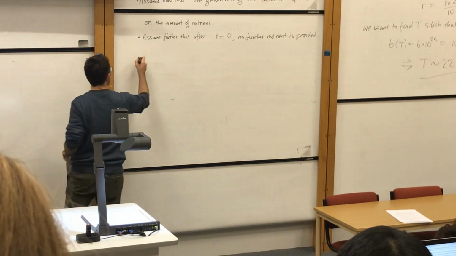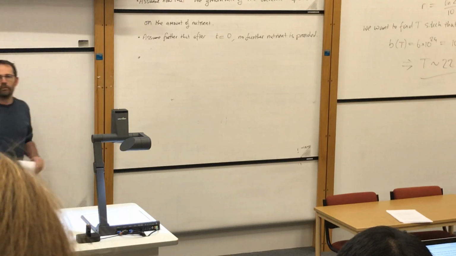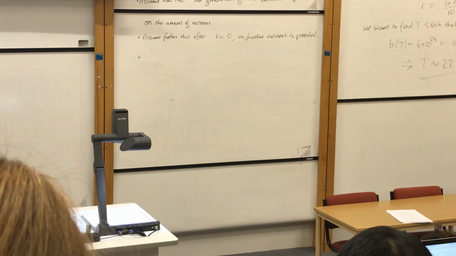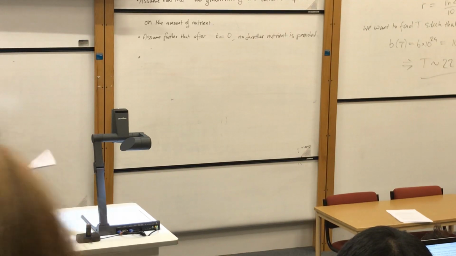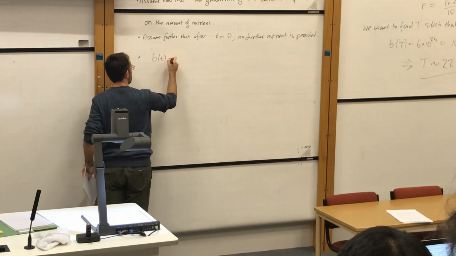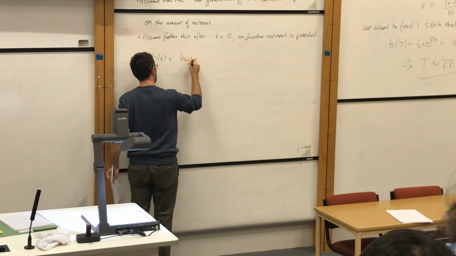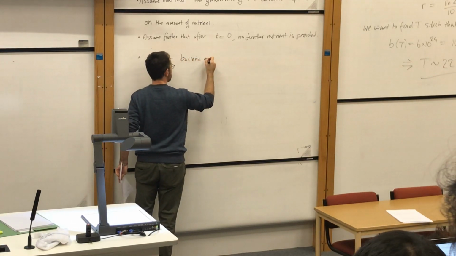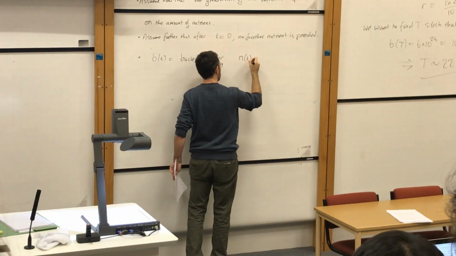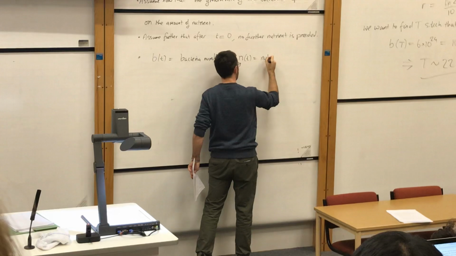Well, first, one simple extension from the previous one is that we can't just think only about the population of the bacteria, we also need to consider a variable for the amount of nutrients. So now B of t is my bacteria, number or density, and my N of t is going to be my nutrient level.